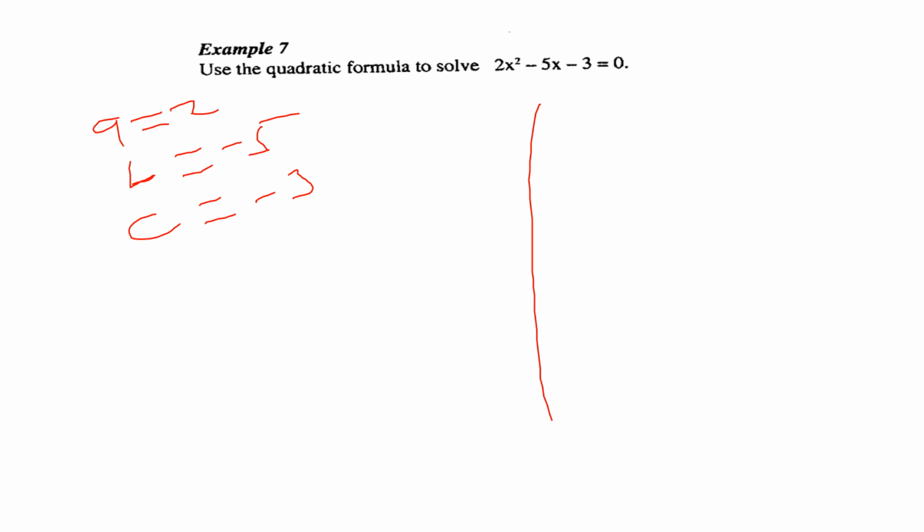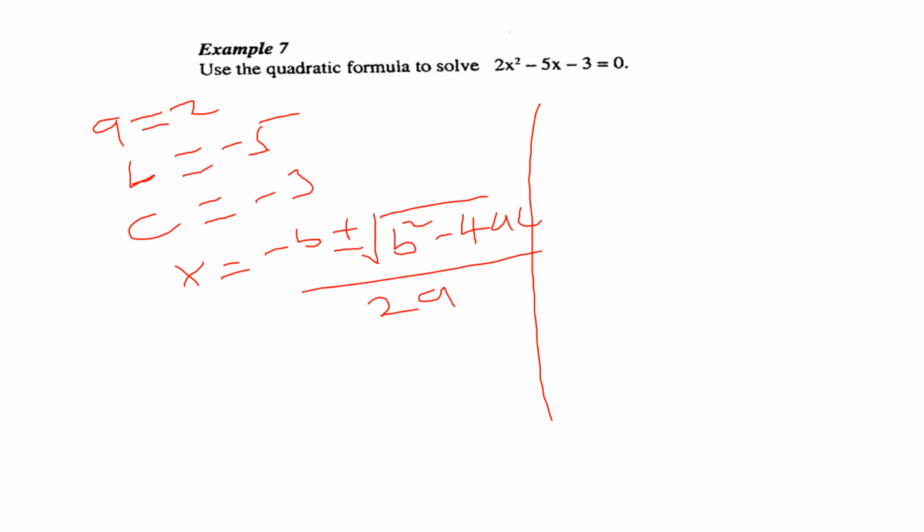From our earlier discussion, we said that x will be negative b, plus or minus the square root of b squared minus 4ac, and we divide by 2a. From that we can substitute very clearly.